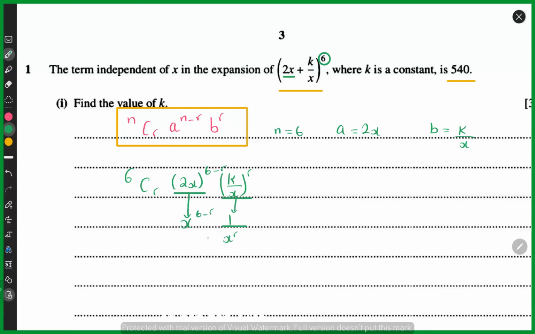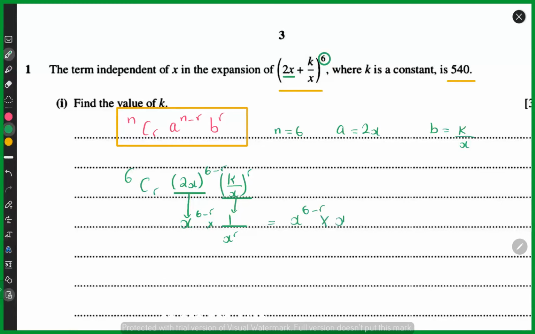Okay, now we will use basic indices rules, and we are going to just make things simple. I am going to take this x to the power r to the numerator. This would become x to the power 6 minus r minus r. Okay, this x to the power r is taken to the numerator. When we take things to numerator, let me do it stepwise if you guys have forgotten.